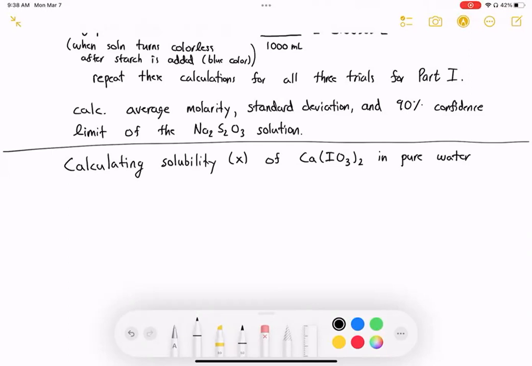So for the endpoint, you want to record a few things. So A, what is the volume of standardized Na2S2O3 required to reach the endpoint.